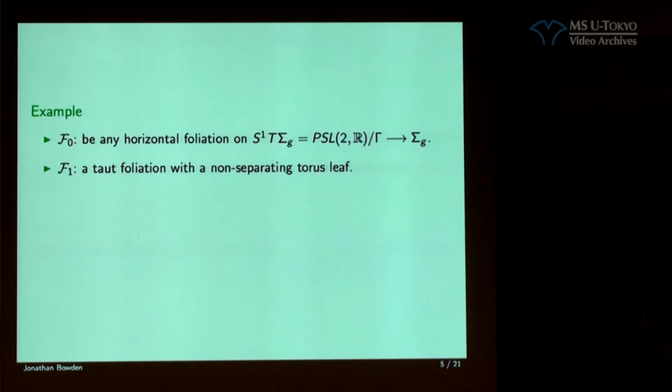And that has lots of lovely horizontal foliations given by weak stable or unstable foliations of geodesic flows and so on. You have lots of nice horizontal foliations that are everywhere complementary to the S1 fibers. But you also have guys that look very different, guys that have torus leaves.